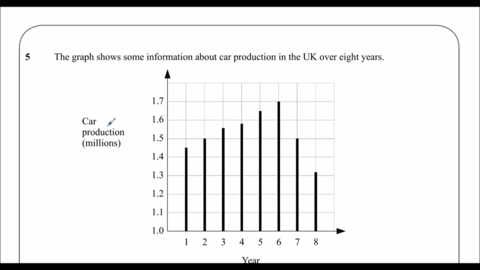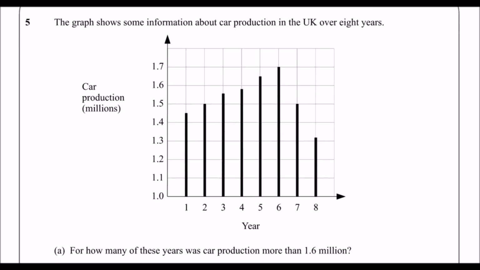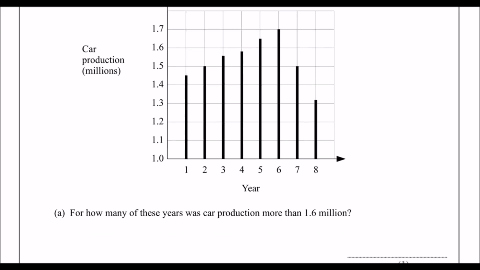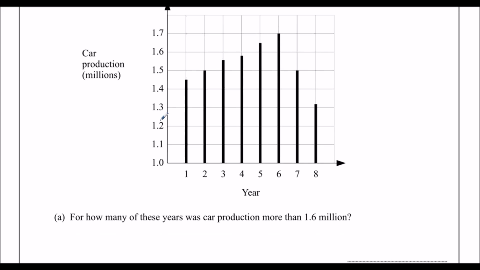Question 5. The graph shows some information about car production in the UK over 8 years. For how many of the years was car production more than 1.6 million? So 1.6 million is here along this line. It's more for 2 of the years, year 5 and year 6.